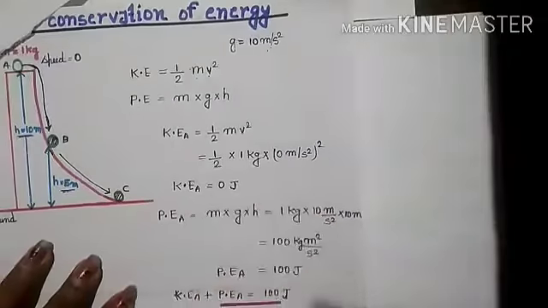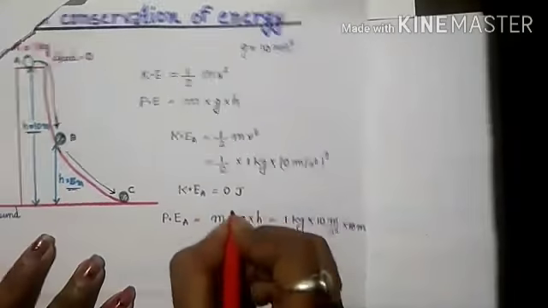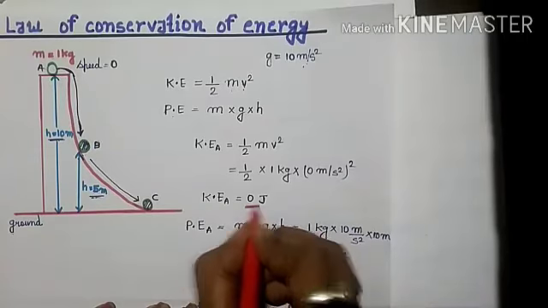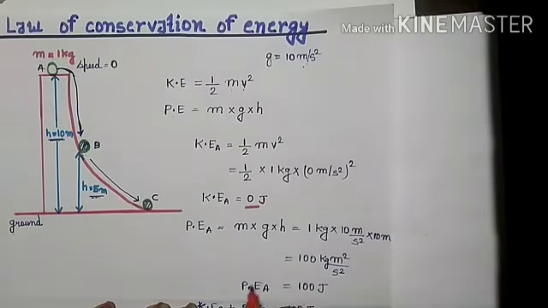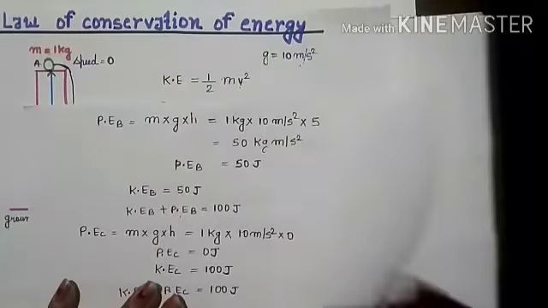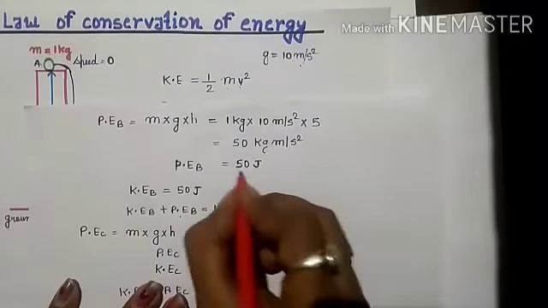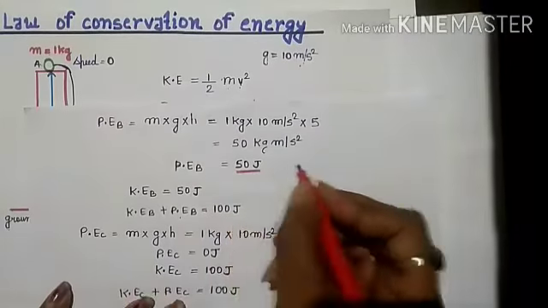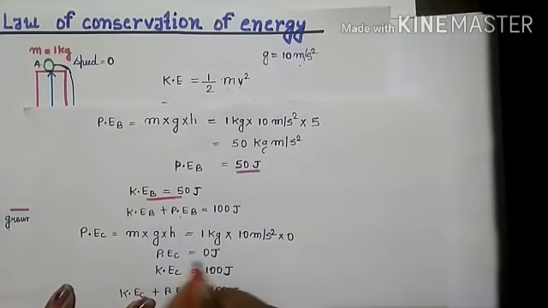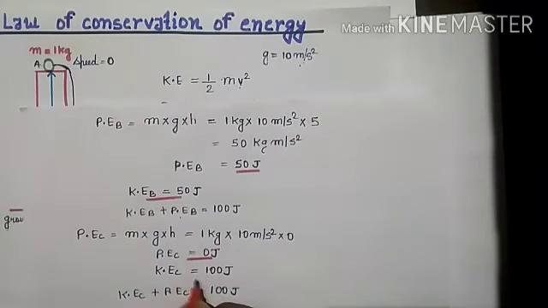In the first case, we have seen that kinetic energy is 0 joule and potential energy is 100 joule. Then at point B, potential energy is reduced to half of its value at the top and kinetic energy becomes 50, so in that position both are equal.